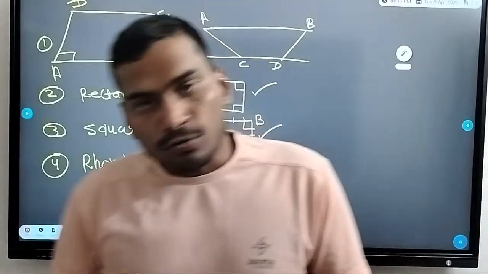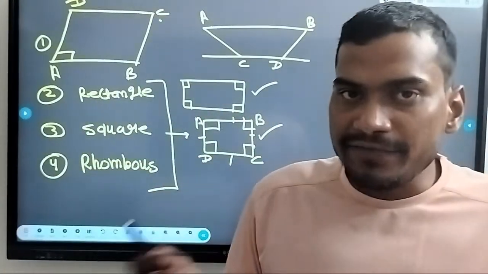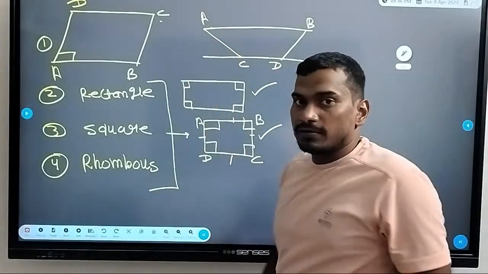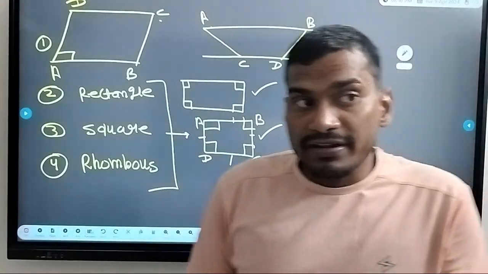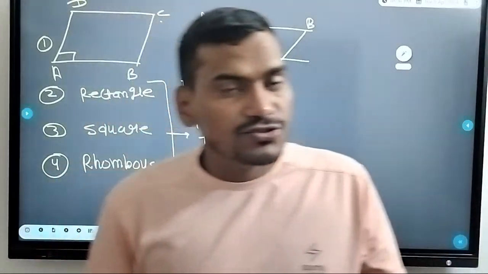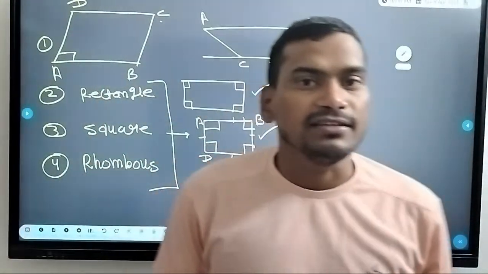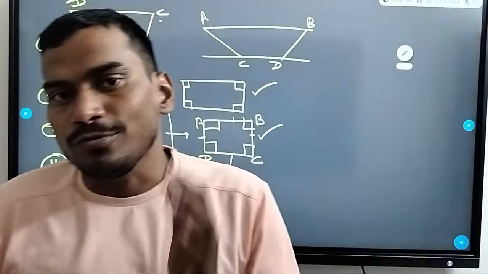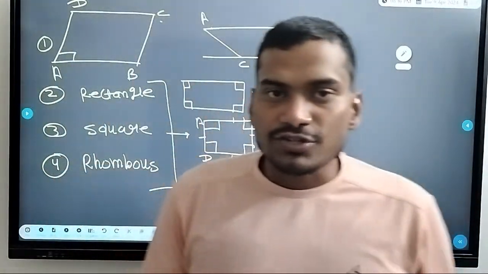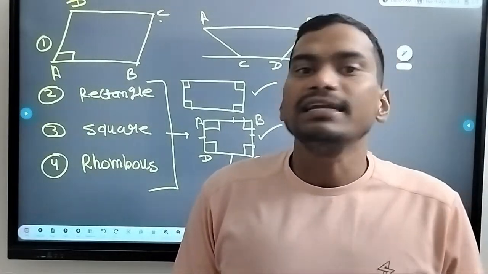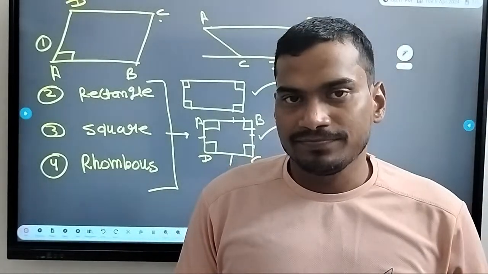Okay? Now the question is, can we say every rectangle is a parallelogram? Or we can say every rectangle is a square, or every square is a parallelogram. Many types of things are there. So just we don't have to be confused in this. Just we have to keep the basic definition with it and everything is fine.